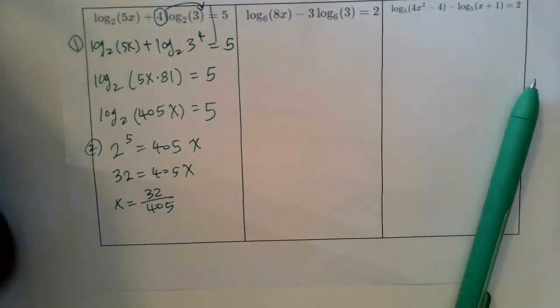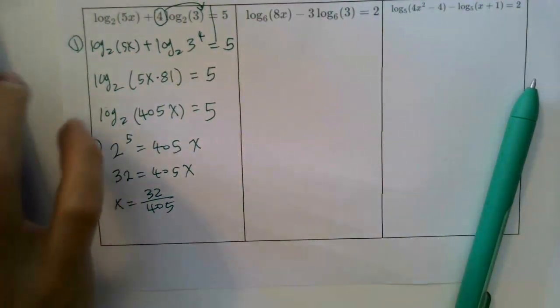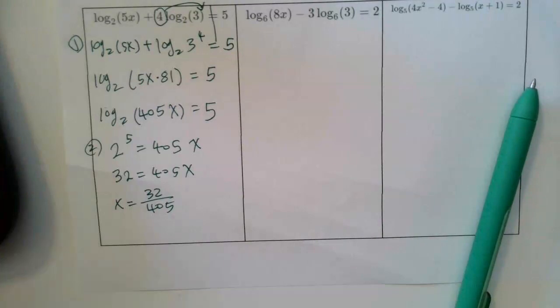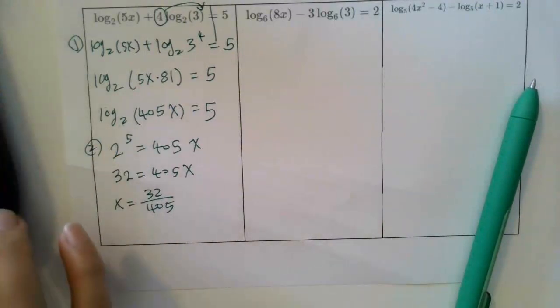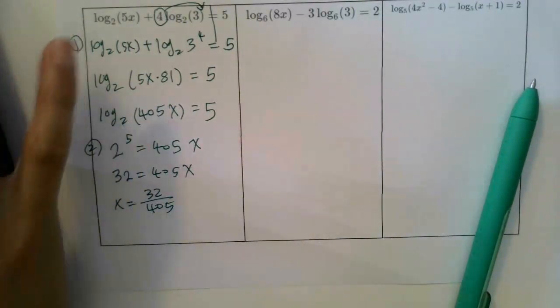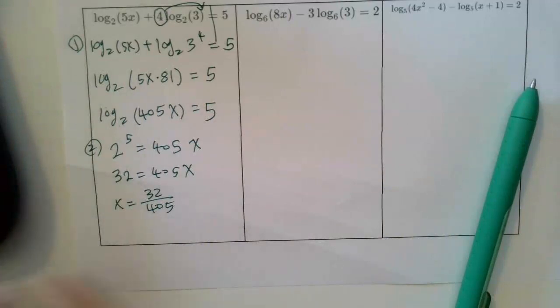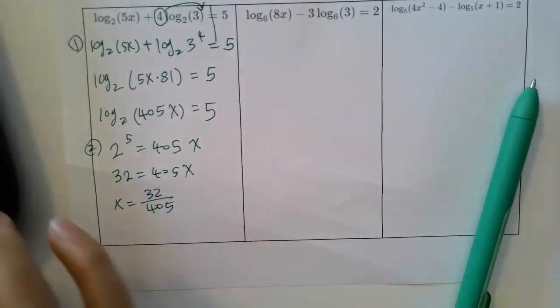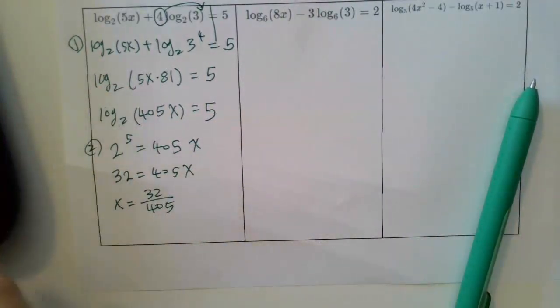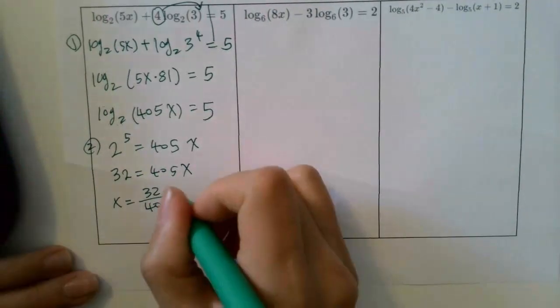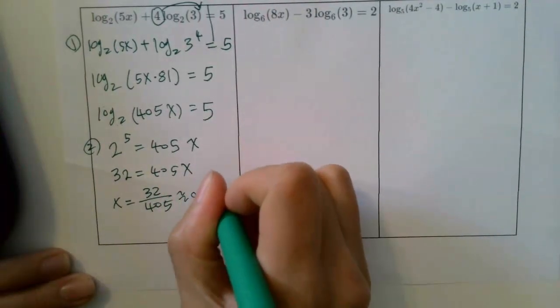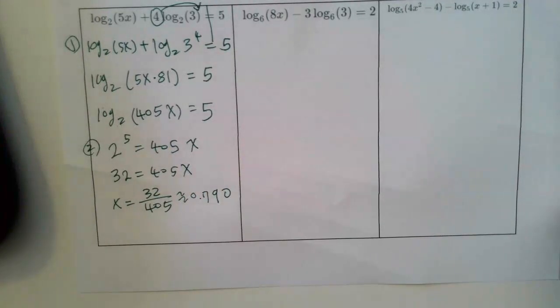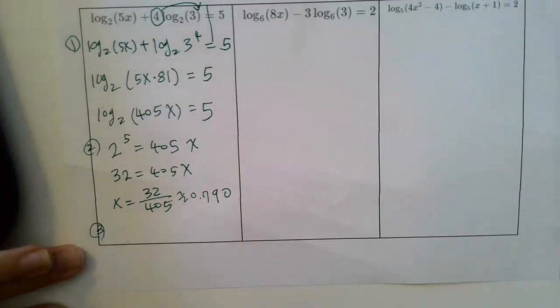Is that divisible by 3 or 2 or anything like that? 405 divided by 2, I should know that doesn't work. I don't think it's divisible by anything. So I'm just going to leave it like that, which, by the way, if I put it in a decimal, I get approximately 0.790.